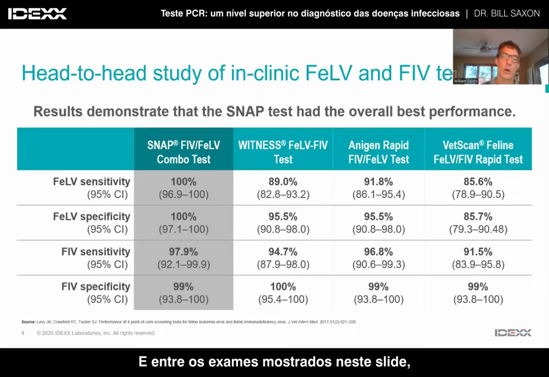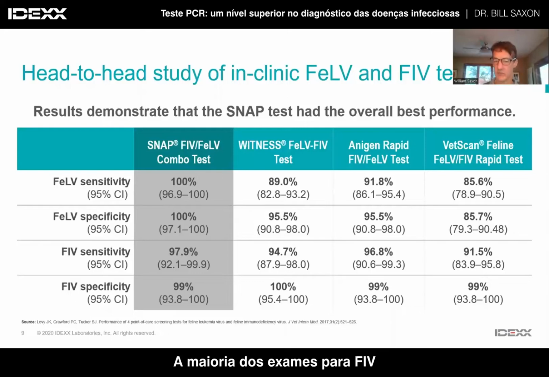And among the tests shown on this slide, the SNAP FeLV/FIV combo test has the highest sensitivity and specificity for FeLV, which is a big advantage, meaning you're going to have more accurate results, fewer false negatives and fewer false positives. You can see that the difference in sensitivity and specificity for FIV isn't that great.